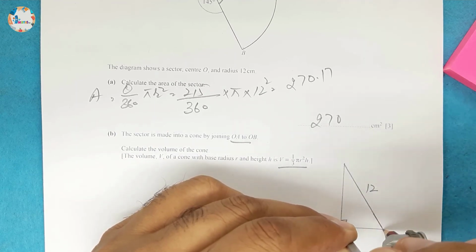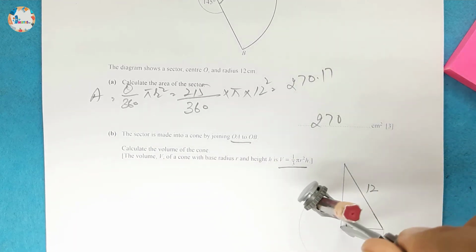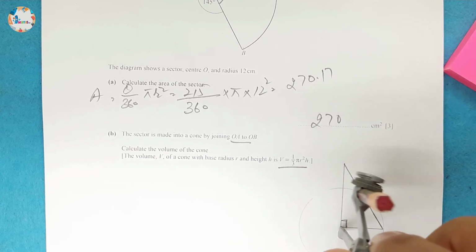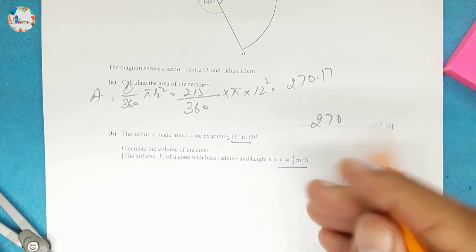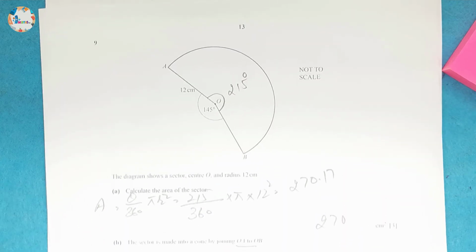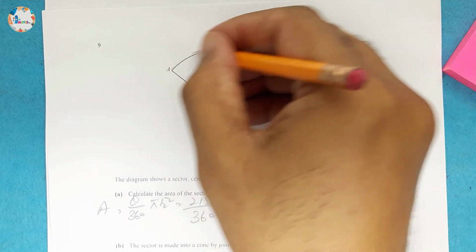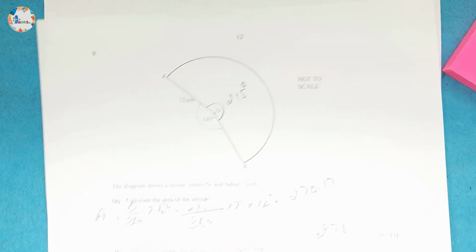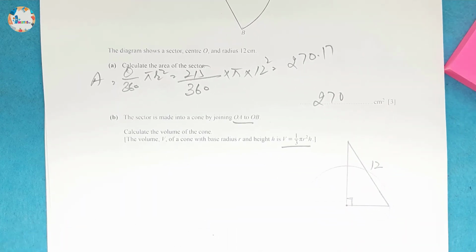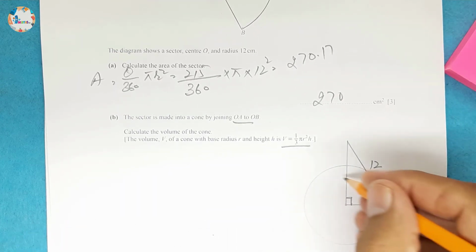This base will be converting from this arc length, and if we find the arc length, this will be equal to the perimeter of this circle.